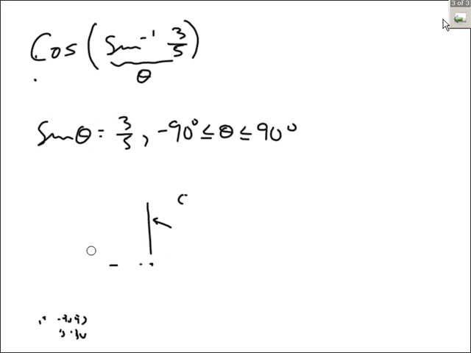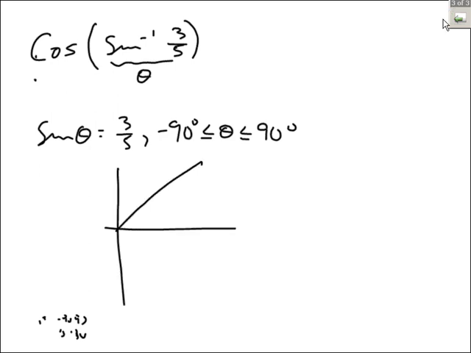If you're positive and you're trig inverse, you're always in quadrant 1. Okay, so I draw my picture in quadrant 1. So opposite over hypotenuse, and this is angle theta.